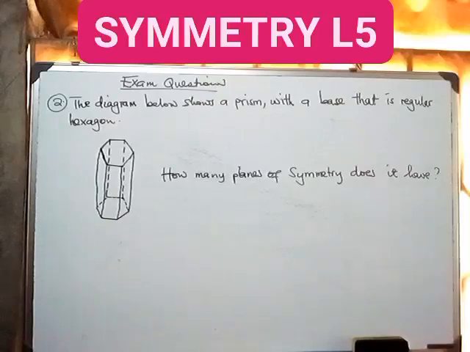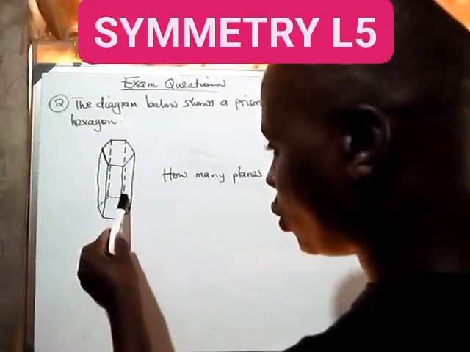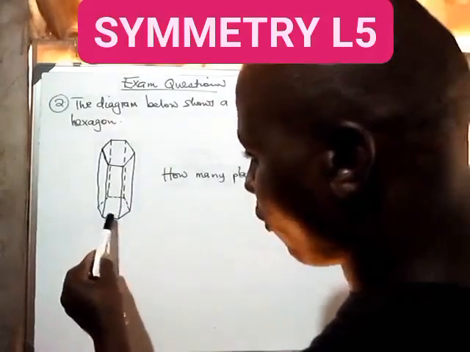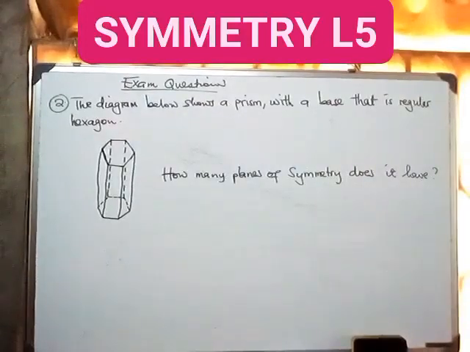A hexagon is a polygon with 6 sides: 1, 2, 3, 4, 5, 6. The question is, how many planes of symmetry does it have?